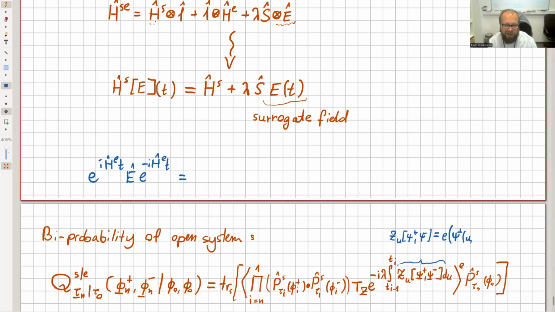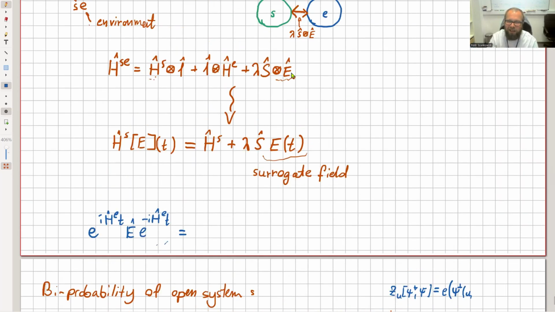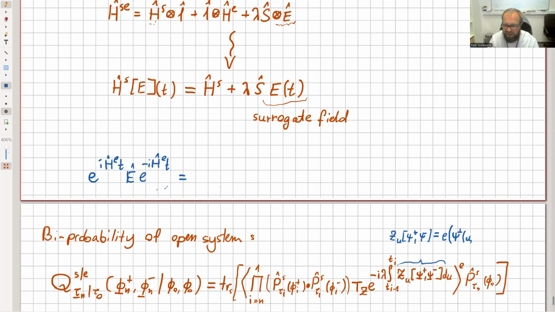So the interaction picture of the environmental coupling.